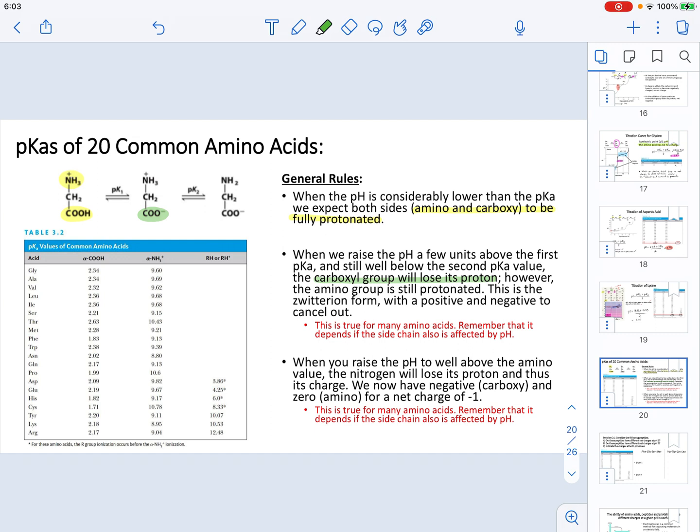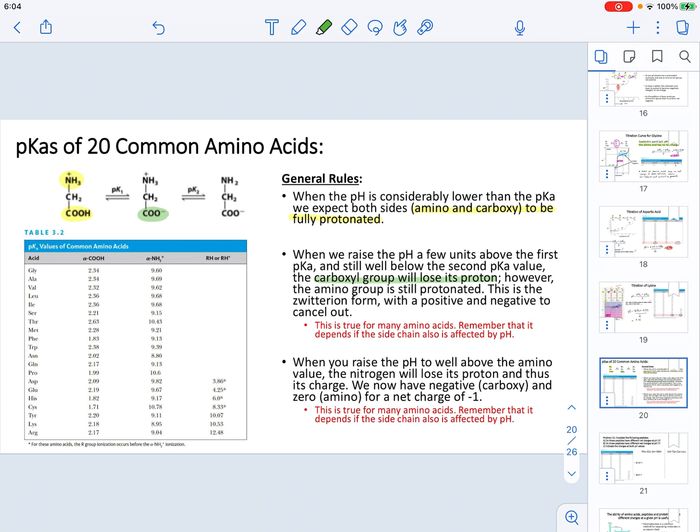Here, specifically, if the side chain that you have is not affected by pH, at that point is where we form this Zwitter ion. And as you can see, that is true for many amino acids, but remember, that is not true for amino acids in which the side chain is affected.